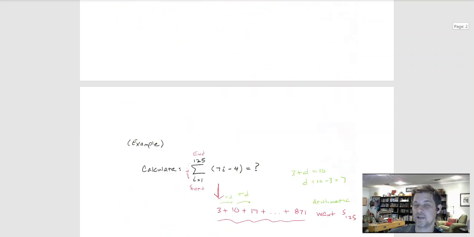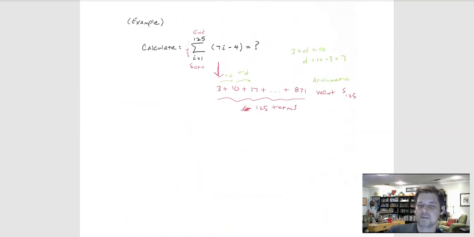Okay, so let's apply that, okay? So we're going to use this formula. S of 125 is found by Sn equals n over 2 times a1 plus an. Okay, now we are looking for the sum of the first 125 terms. We could find that by letting n be 125 in this formula.